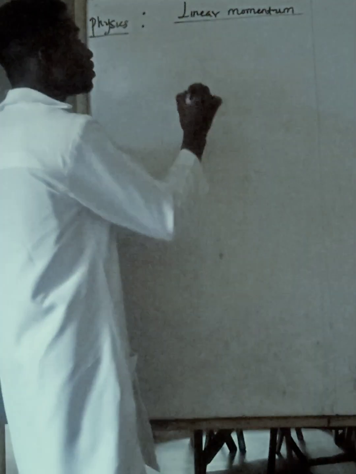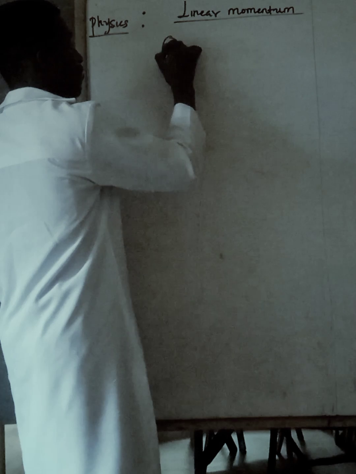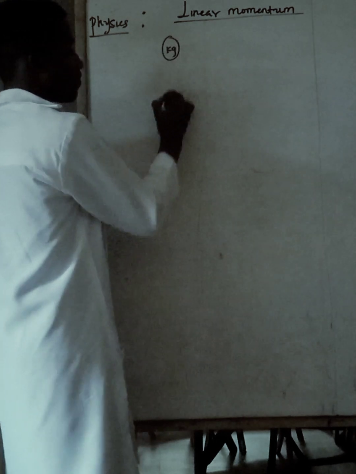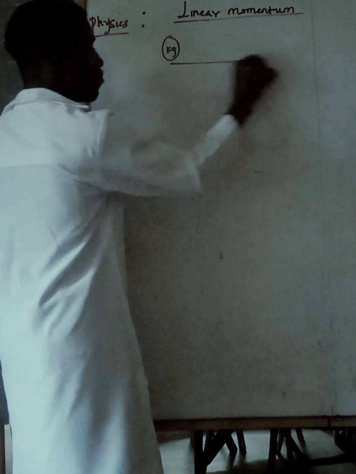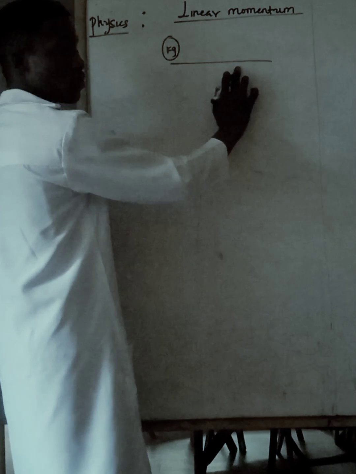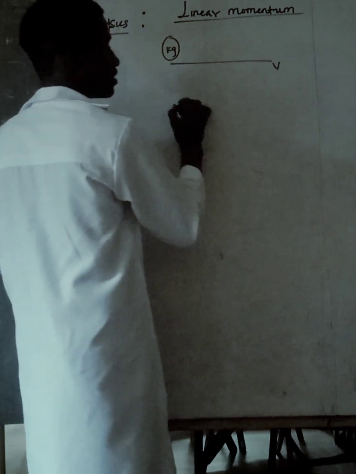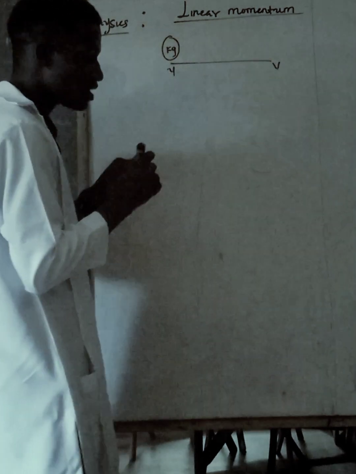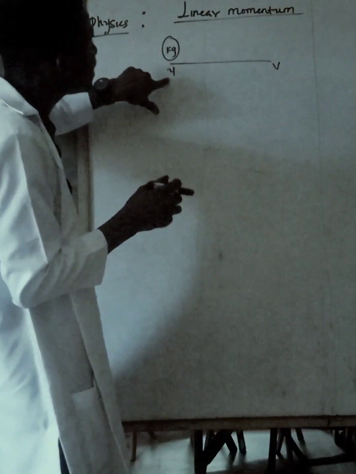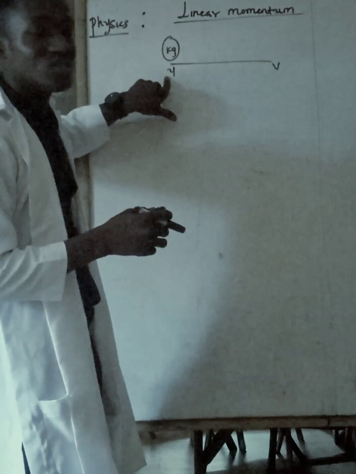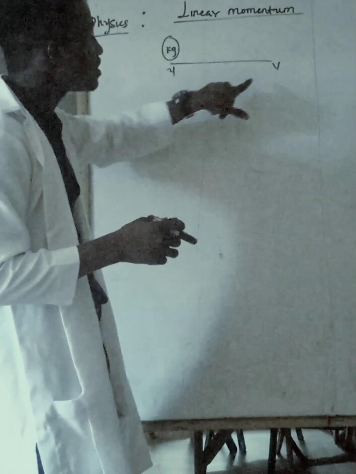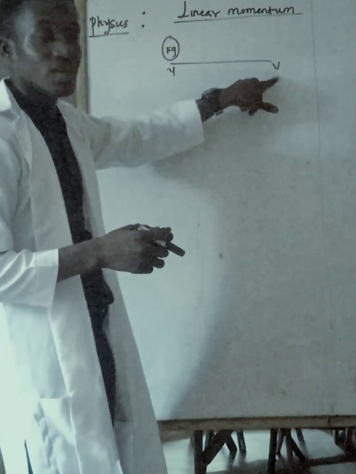So linear momentum has to do with a body of mass, okay, at this point moving along a straight line, okay, with its velocity. So the body started a motion with its initial velocity, and this is the final velocity. Okay.